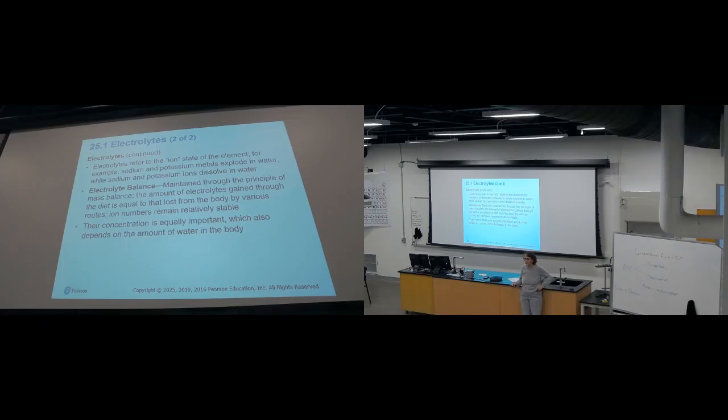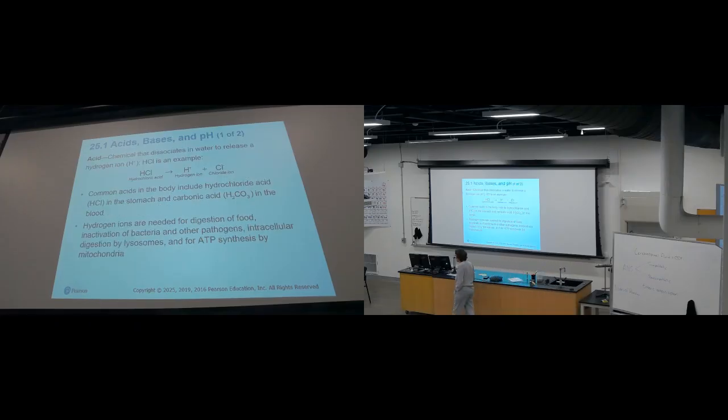If you have an excess of them, your kidneys will get rid of them. But if you don't have enough, your kidneys will not eliminate them. And then we have particular amounts of them that will be measured in the plasma in the labs.